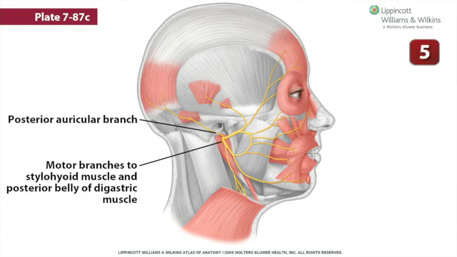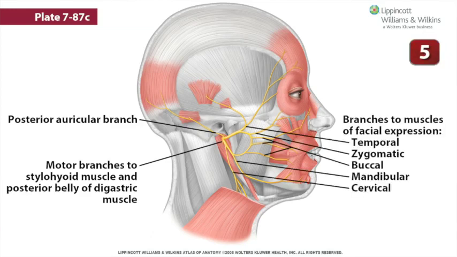Within the gland, the facial nerve divides into temporal, zygomatic, buccal, mandibular, and cervical motor branches, which innervate muscles of facial expression, such as the orbicularis oris.